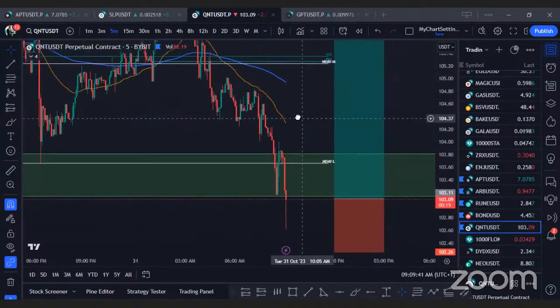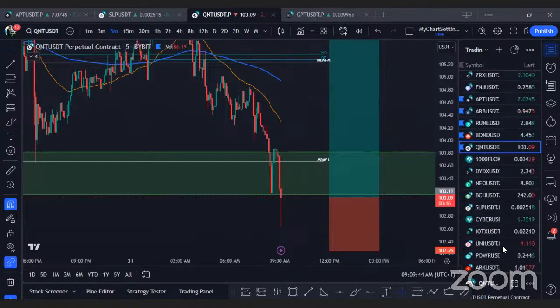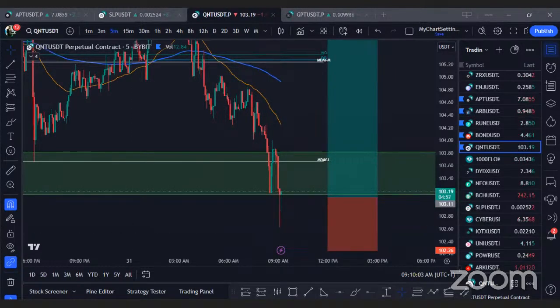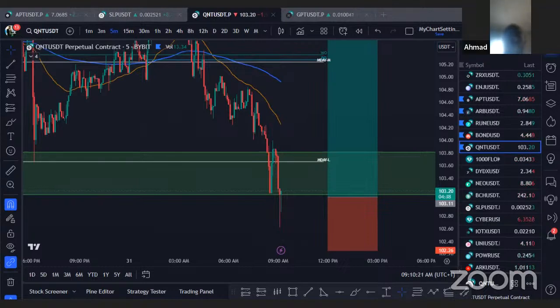I'm tempted to enter a long trade for this token, but the way the market is this morning, guys, I just feel we should let everything settle.